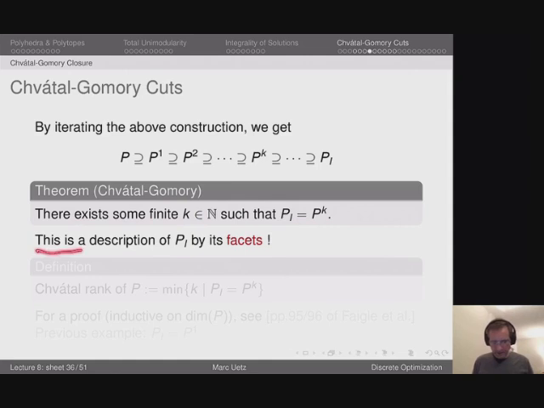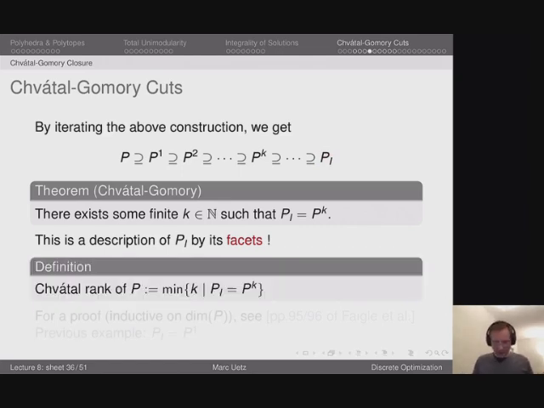And that is exactly the description of the integer feasible points by its facets. So I iterate this procedure, first Schwartal closure, second Schwartal closure, and so on, and some kth Schwartal closure will be equal to the convex hull of the integer points. And the Schwartal rank of a polyhedron or a polytope is the minimum k where this happens.